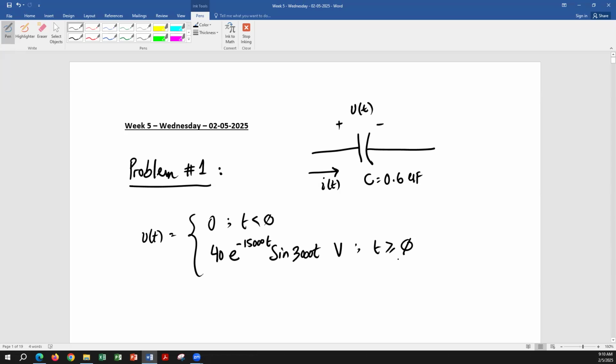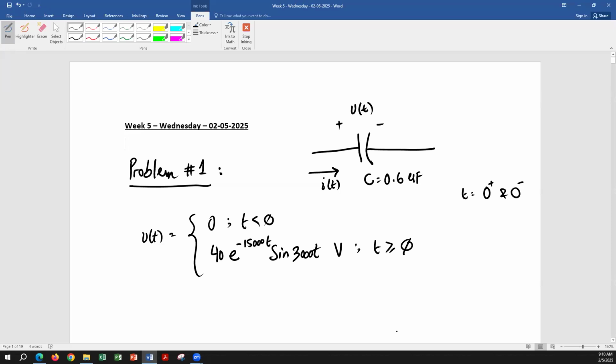Now, one thing we discussed on Monday is that capacitor voltage cannot change instantaneously in an instant of time, but the capacitor current can change instantaneously. So one thing that we use very commonly when we are dealing with the capacitor voltage is the symbols 0 positive and 0 negative. So time is equal to 0 positive and 0 negative.